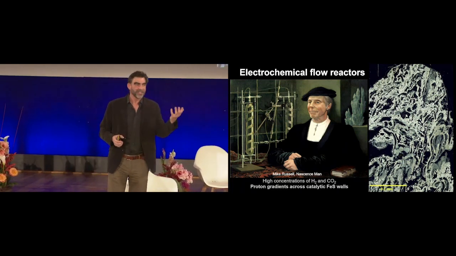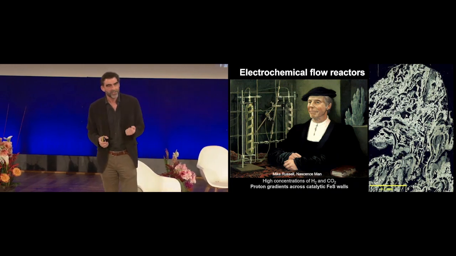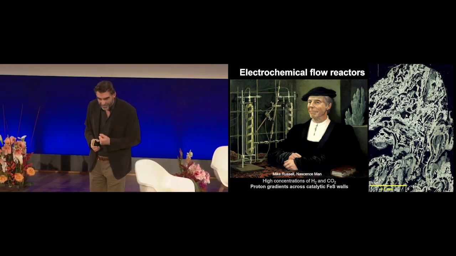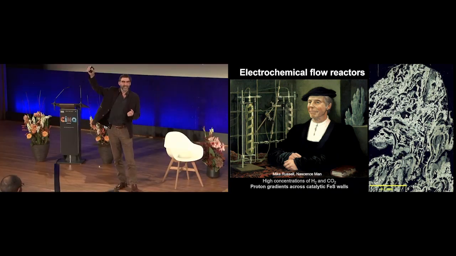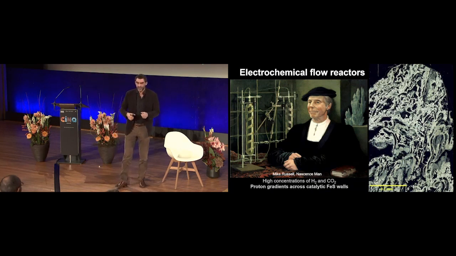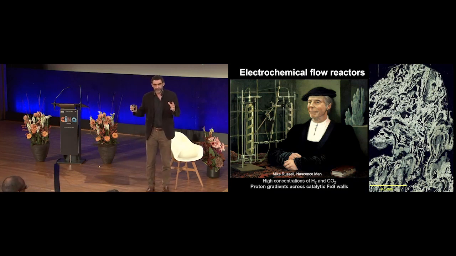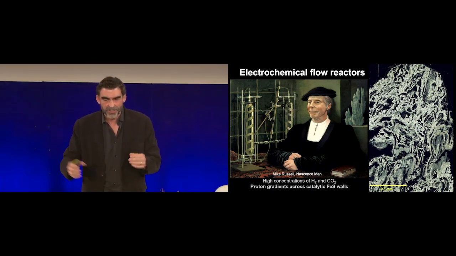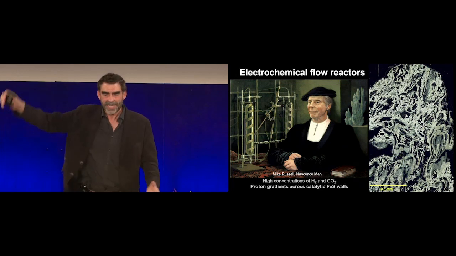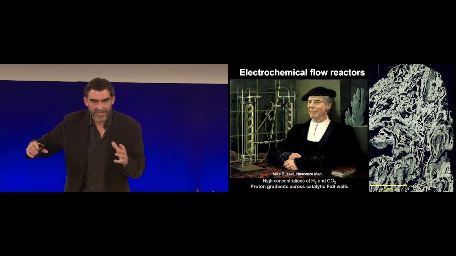And you can see he's got his reactor. This was at JPL, the Jet Propulsion Laboratory in Pasadena, and behind is a model of a bit of a Lost City hydrothermal system. And to the right, you can see a section of one of these alkaline hydrothermal vents. I said it looked a bit like a mineralized sponge, and now you can see this is an interconnected set of pores.